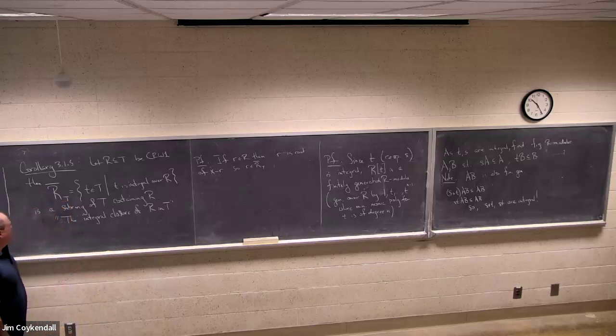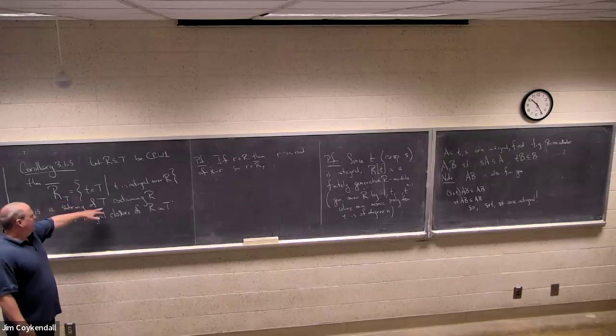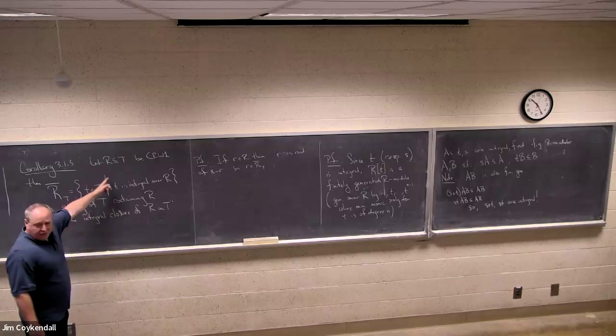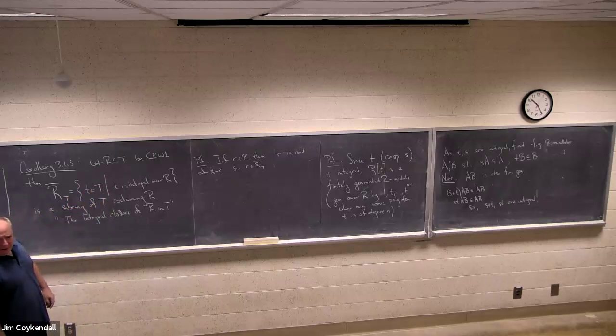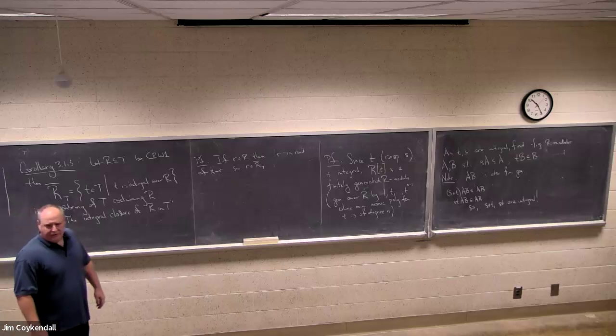So let's lay that down. So whatever this mess is, it contains R. By definition, it's contained in T. And so the only thing remaining is to convince ourselves it's a ring.